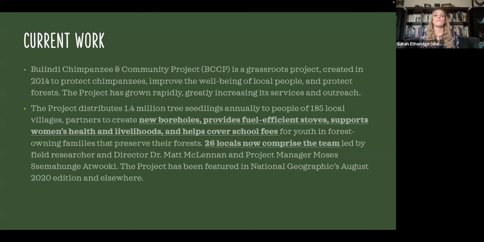They are providing fuel-efficient stoves. They are focusing on women's health, and they are helping to provide education. All of those are measures of HDI, and they are using local people as their staff. So again, using that shadow approach. So everything aligns, and they're doing everything perfectly, and everything that has been shown with my research and other people's research to be effective.